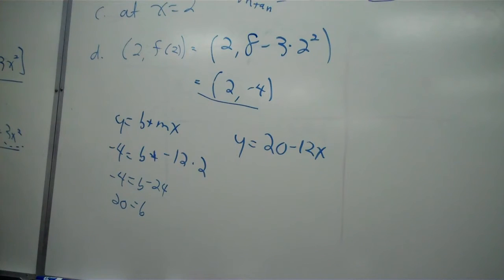So our tangent line here should be y equals 20 minus 12x. And notice that is a line that does go through that point. And that's the line that at that point, this original curve looks like.